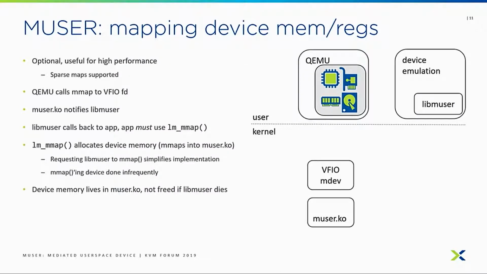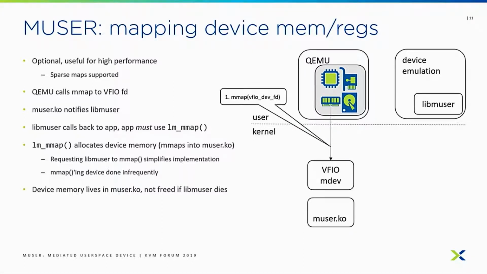So let us see how mapping of device memory and registers happens. The PCI regions can be mappable or IO accessible. It totally depends upon the implementation of the device emulation. If the PCI region is IO accessible, then the device emulation needs to implement the reads and writes that come on the PCI regions from the QEMU side. And if the PCI region is mappable, then QEMU calls into the vfio mdev framework to map the PCI region.